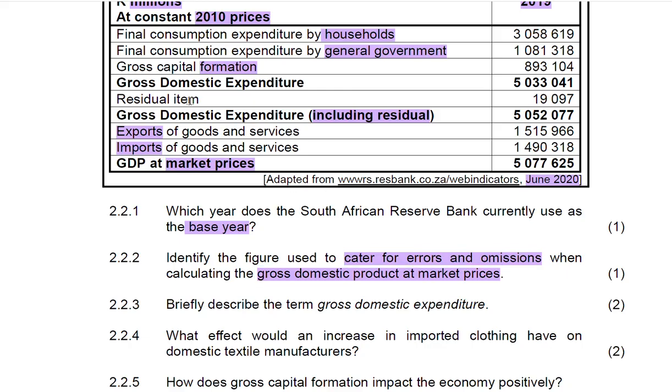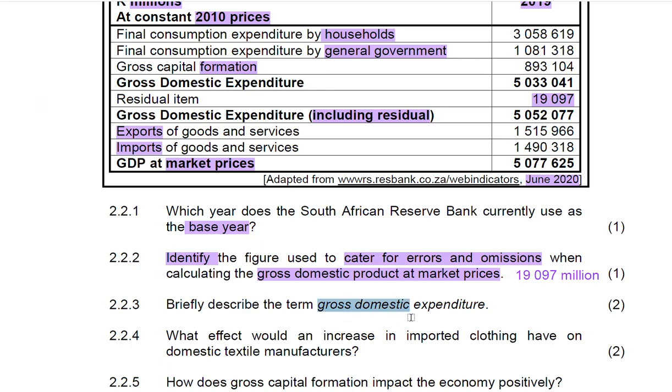And since you are asked to identify the amount, you are going to bring this amount, which is 19,097 million. So the correct answer in this case will therefore be 19,097 million, or you can say mil.